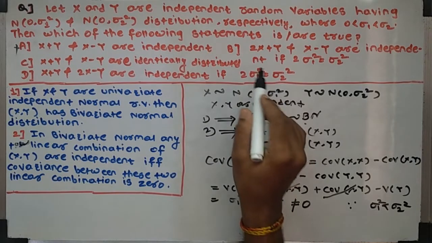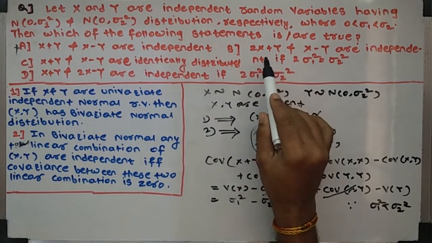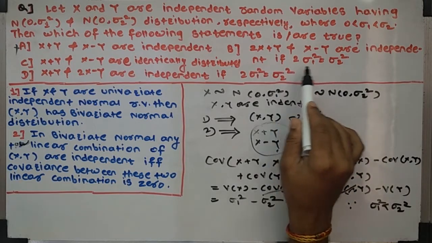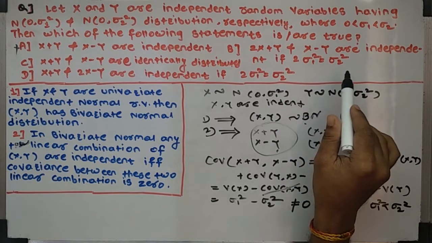So we need to check the second statement: 2X plus Y and X minus Y are independent if 2 sigma1 squared equals sigma2 squared.